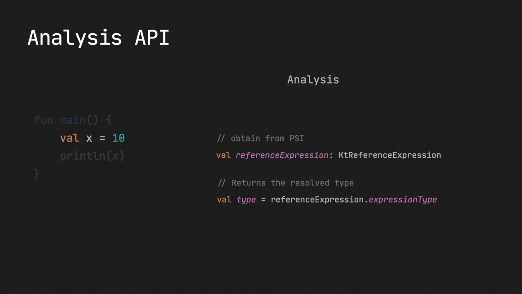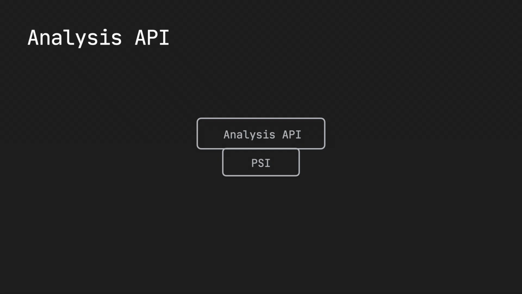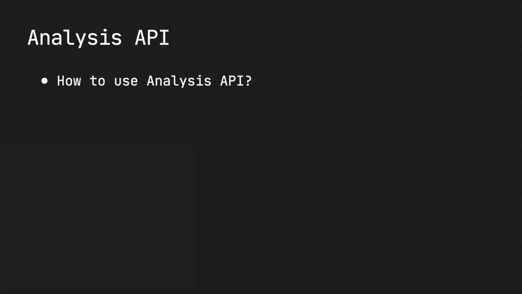And I could get the information, I could ensure that the type for the variable x is an int using the analysis API. So the way the analysis API is designed is that on top of these PSI elements, it provides me with extensions like expression type. It has providers for these extensions.